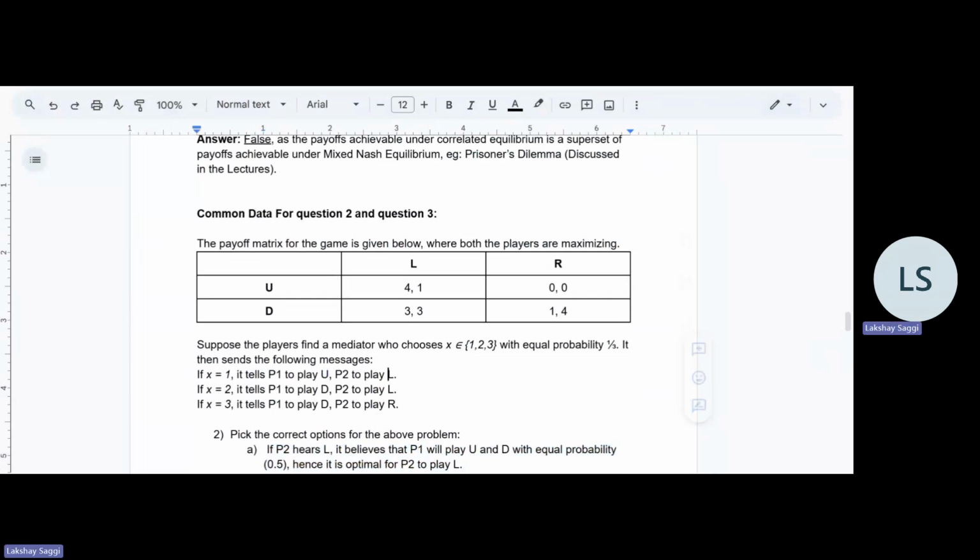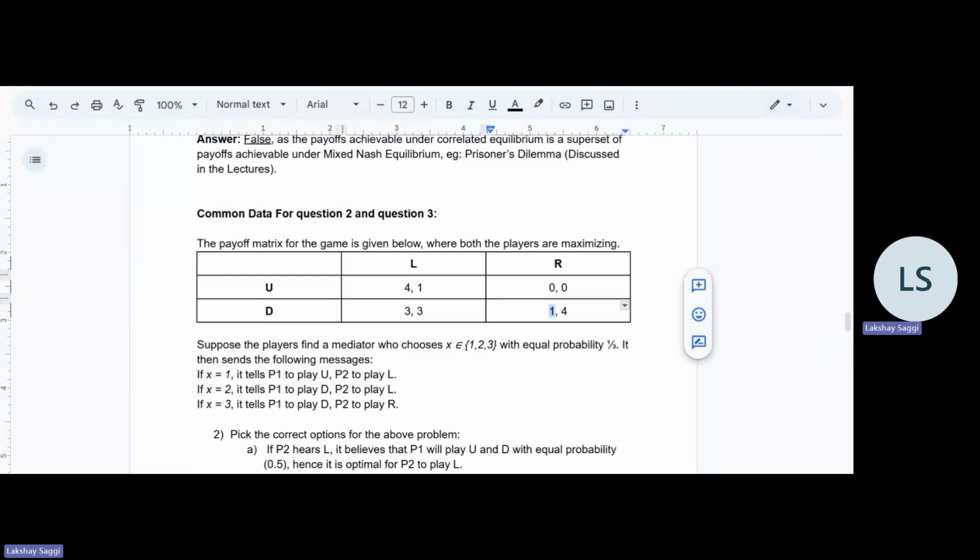So if U, L is being played with probability 1 by 3, let's see what P1's payoff is. It's 4. And then in D, L, the payoff is 3. So it's 4 plus 3. And then in D, R, it's 1. So the payoff for P1 is 4 plus 3 plus 1, which is 8 divided by 3, which is not equal to 2.5.